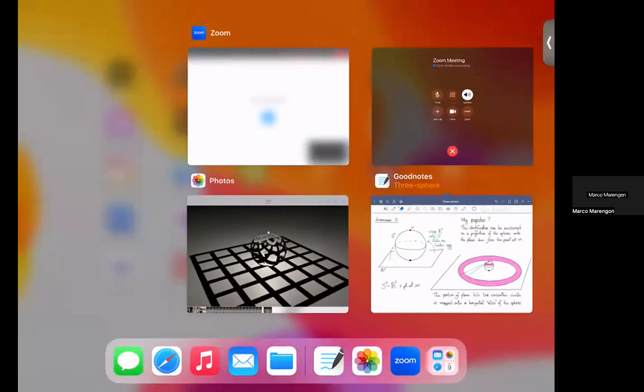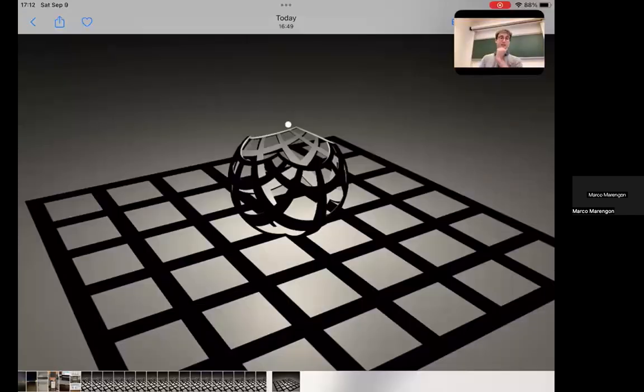So I prepared myself, I looked it up on the internet. This is an illustration that I found of the stereographic projection. So here you pretend that there's a source of light at the point at infinity on the sphere. And that source of light projects anything that is on the sphere onto the plane.